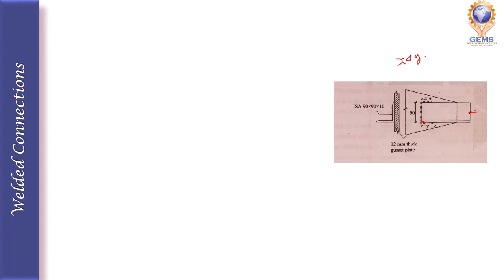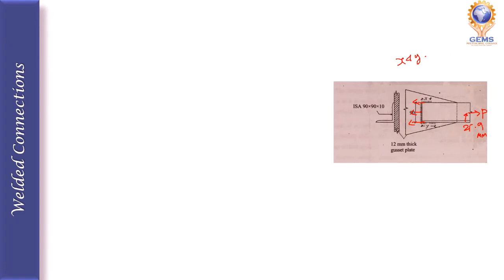You will have a load P at a distance from the bottom of 25.9 mm. Then you will have forces here and here. If we equate these forces or moments by taking moment at x, at y, what will happen?